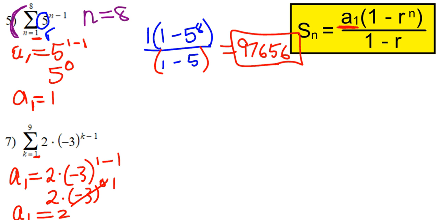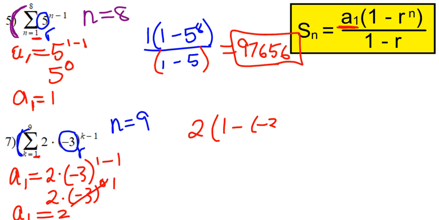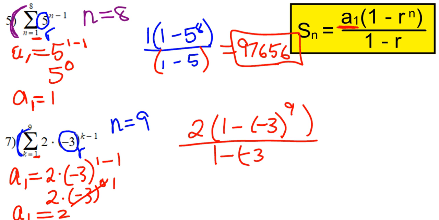Your R value is the base on the power. So the R value here is negative 3, and then N is going to be 9. So we have the formula. A1 is 2 times 1 minus R, which is negative 3. I put that in parentheses. Be careful on that. If you don't put that in parentheses, you could make a mistake. To the 9th power over 1 minus negative 3.